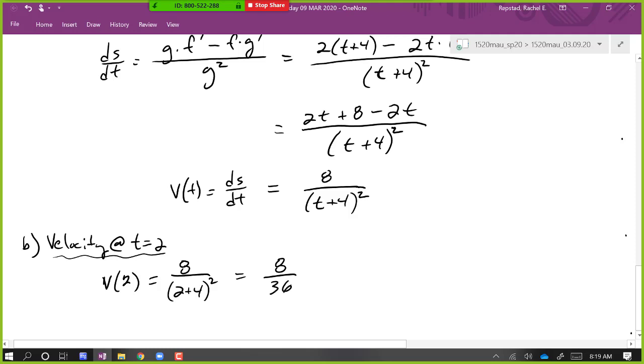We could cancel out 4, so that's 2 ninths. 2 ninths meters per second. If it's an application problem, a lot of times people like to do the division and approximate, and that would be about 0.22 meters per second. Either is fine if you like the fraction or the decimal there.